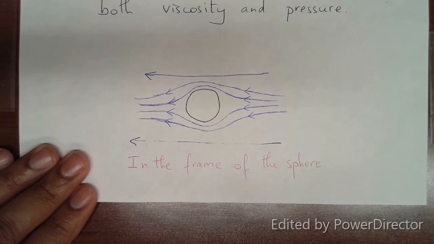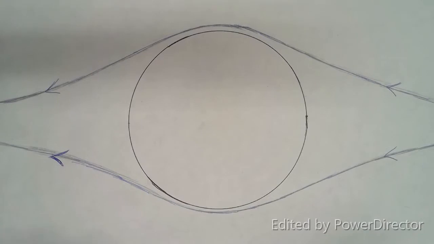All right, let's look at this in a bit more detail. So this is essentially a blown up version of the previous diagram. In the reference frame of the sphere, we see that the sphere is stationary and the liquid is flowing around it. So let's see what happens.